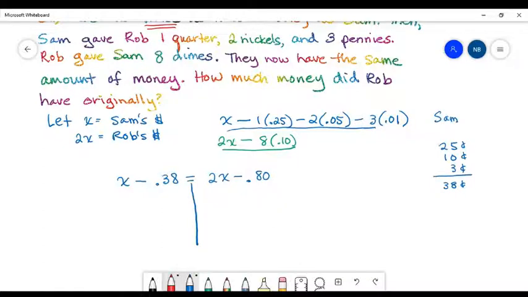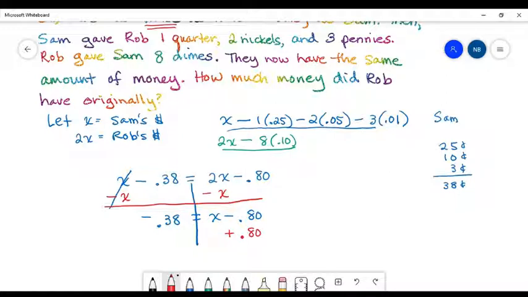I'm going to move the x on the left by subtracting it to zero it out. This crosses out, makes 0. That leaves me with negative 0.38 equals 2x minus x, which is x, minus 0.80. And now I'm going to get x by itself by adding 0.80 to both sides.